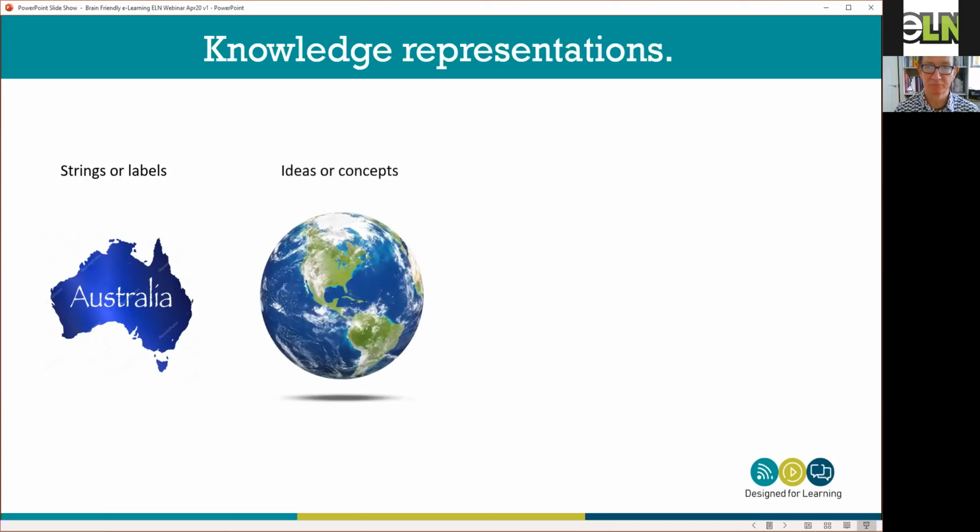But beyond that, one step up is an idea or concept. For example, you might have an idea of the world, or the Earth. It's a planet in the solar system. It has oceans. It's round. And it has different countries in it. So Australia is a country in the world. That becomes more of a conceptual thing.